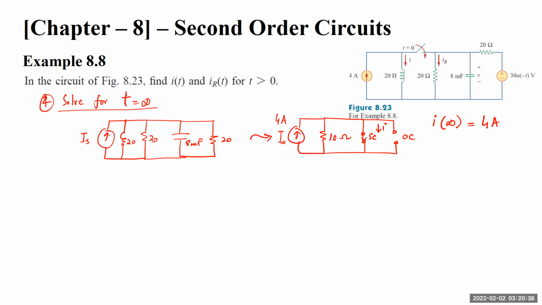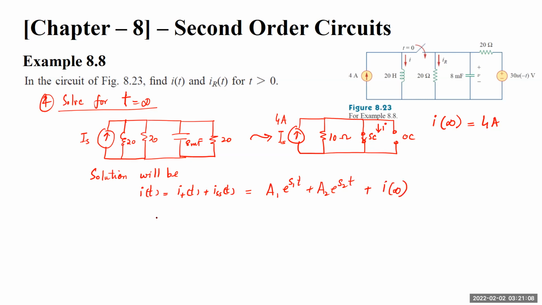So my overall solution will be i of t equals the transient solution plus the steady state solution. My transient solution was a1 e raised to power s1t plus a2 e raised to power s2t, plus the steady state solution of i of infinity.